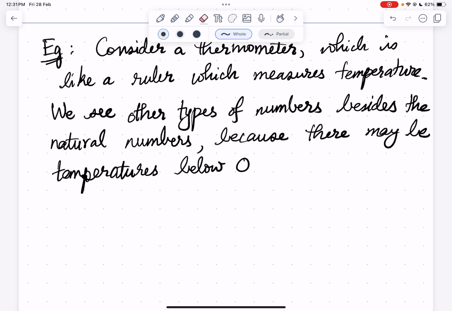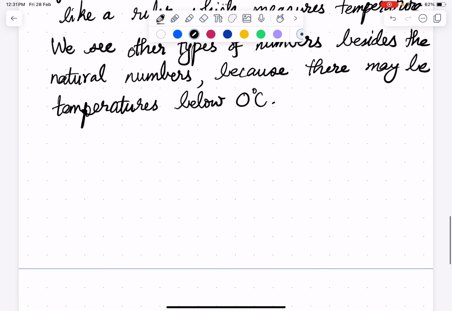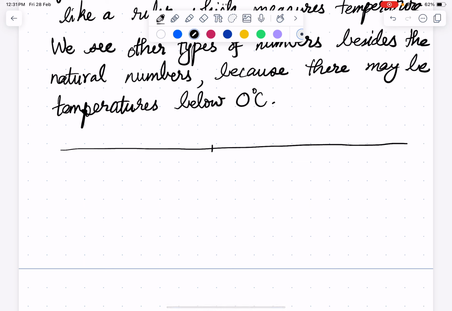Let's say 0 degrees centigrade. So the counting numbers include 0, 1, 2, 3, 4, so on. And on a thermometer you can see markings like -1, -2, -3, -4, so on.